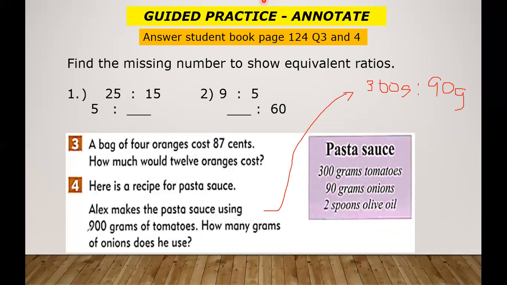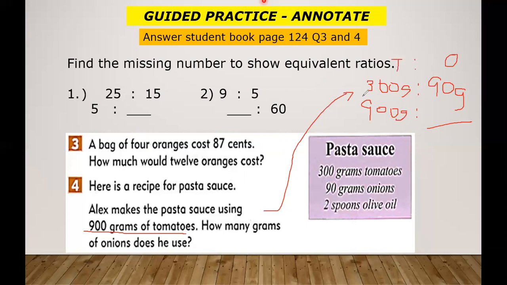Now, the given is 900 grams of tomatoes. So let's write it here: 900 grams of tomatoes. How many onions? So this is the onions and this is the tomato.